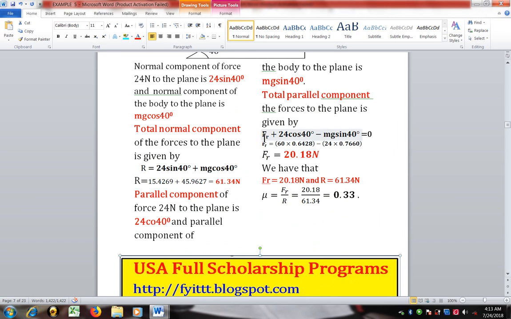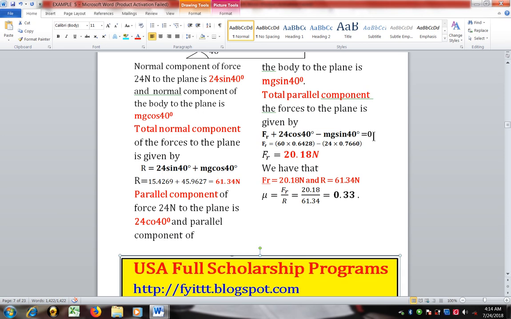So we add the frictional force, which is acting upward, and the component of force 24 Newton acting along the plane, then minus the component of the weight acting down the plane. You see that the frictional force is opposing the motion, acting upward, and the component of the force 24 Newton is also acting upward, while the weight of the body is the one generating the downward motion along the plane. So that's why we bring this minus. These two are in the same direction, while this is in the opposite direction. So we have Fr plus 24 cos 40 minus mg sin 40 degrees, and that is equal to 0.